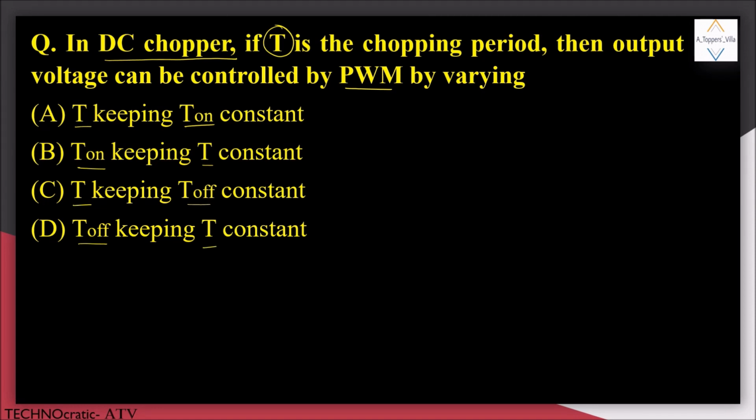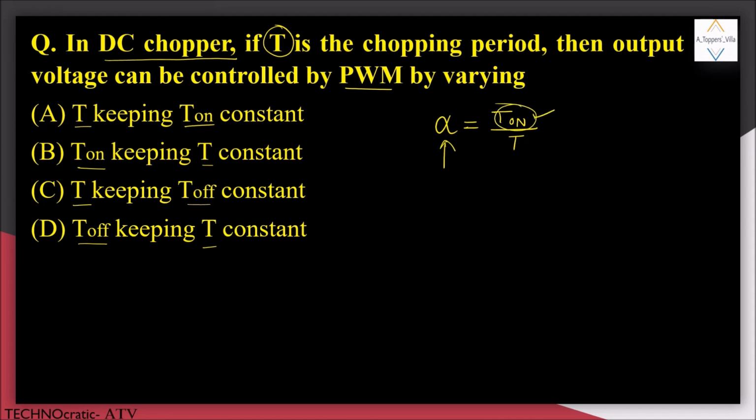We know that in chopper, the voltage output depends upon the duty cycle alpha, which is equal to T on upon T. So this duty cycle alpha can be varied by varying the value of T on.